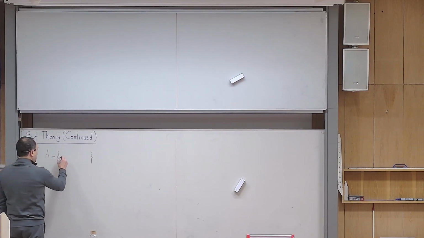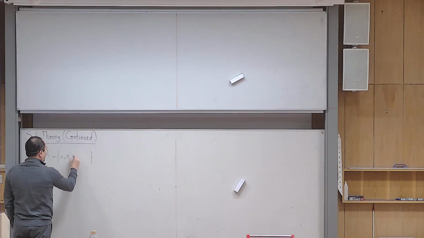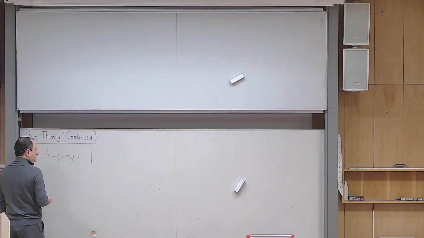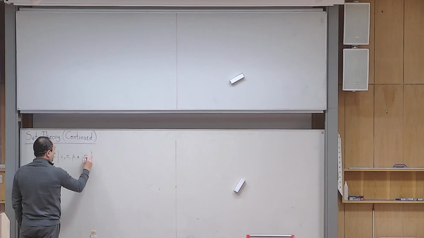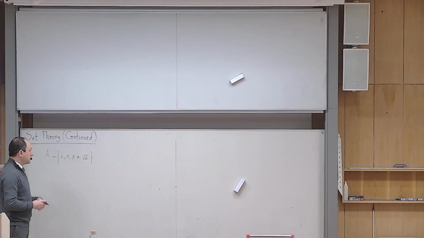For example, I can say 2, and then comma, I can write pi, and then I can put a Greek letter there, and then I can put an object there. Well, it doesn't matter what you put actually inside. So this is a set consisting of these objects as its elements, yes?